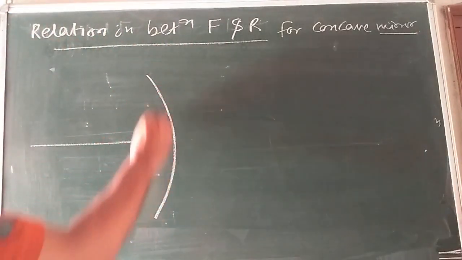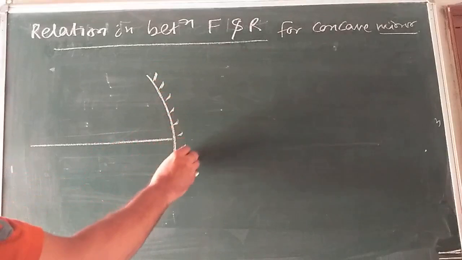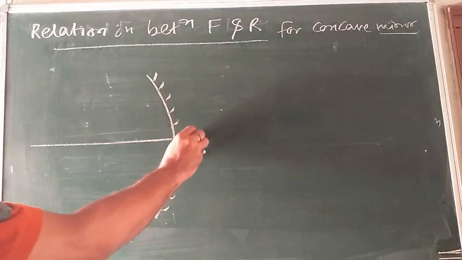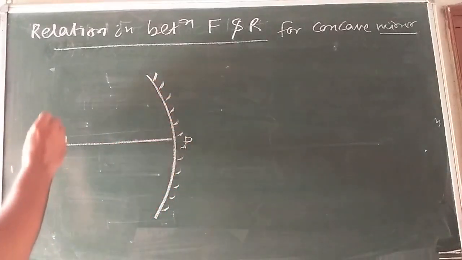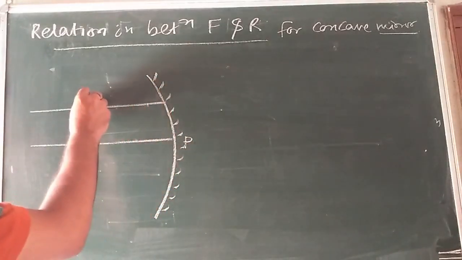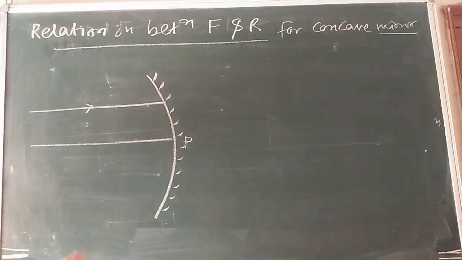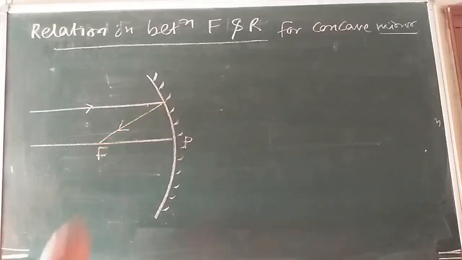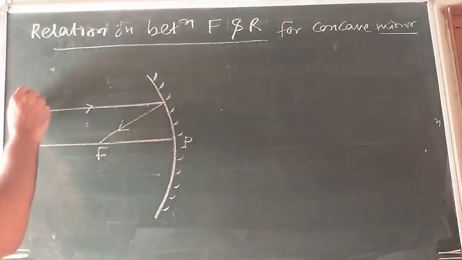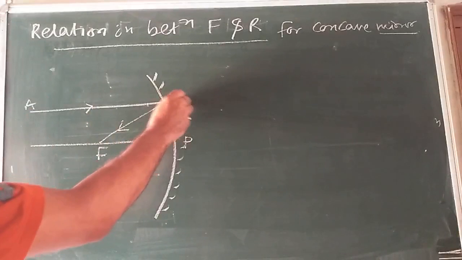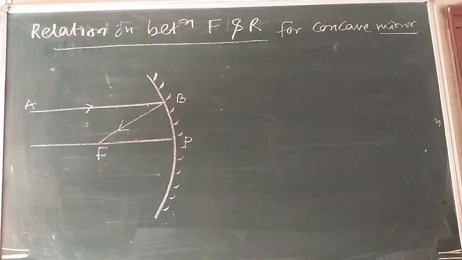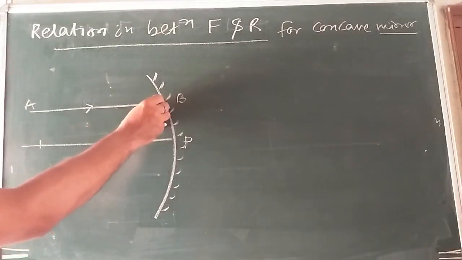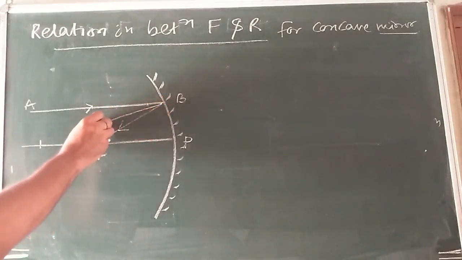Here is a concave mirror. Here is a point called P. A ray parallel to the principal axis, just after reflection, meets at a point called focus. Say this ray AB is coming over here. Another ray is passing through the center of curvature.